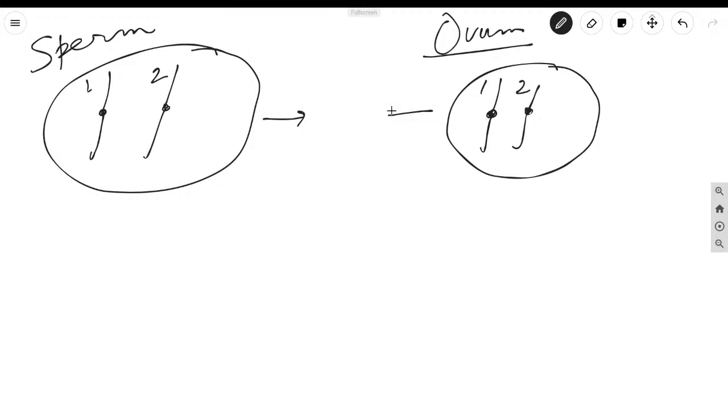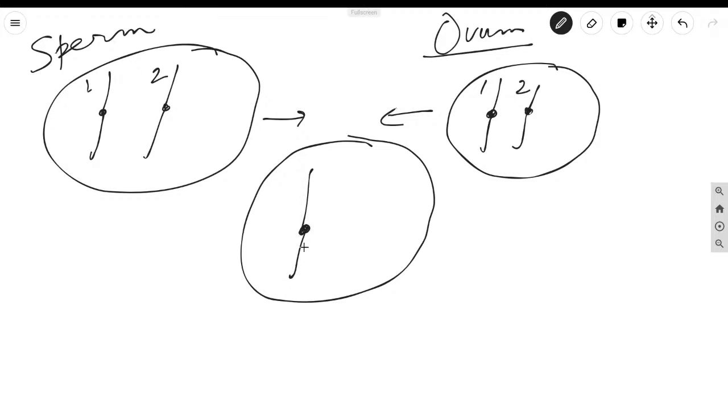Now, fertilization has happened in the ampulla region of the fallopian tube or oviduct. Now you have produced a diploid cell, 46 chromosomes. So this is one from paternal, one from maternal, meaning sperm and ovum. This is again 2 from paternal, 2 from maternal, that is again sperm and ovum.